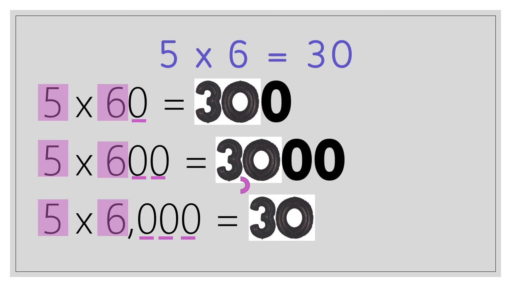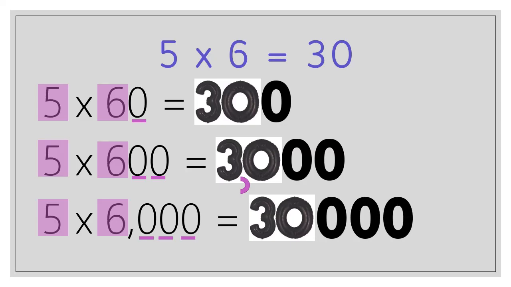And I have to add those 3 zeros to the end of the product of the basic fact. So I need to add 3 zeros to the end of 30. And again, this is a number that is more than 4 digits, so I need to make sure I don't forget that comma. So I now have that 5 times 6,000 is equal to 30,000.